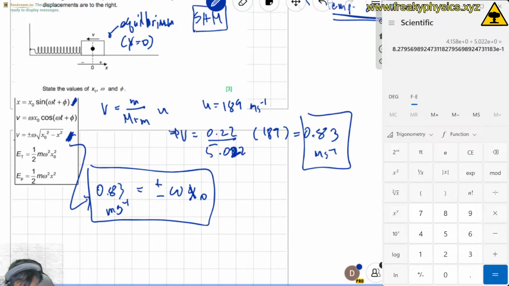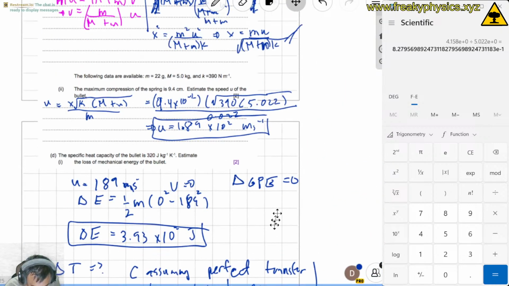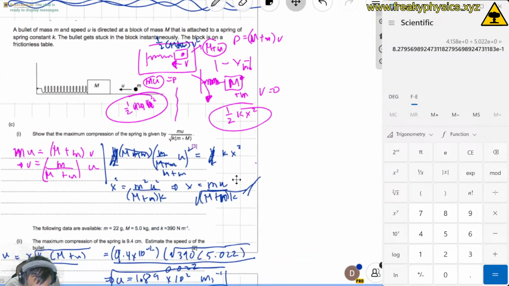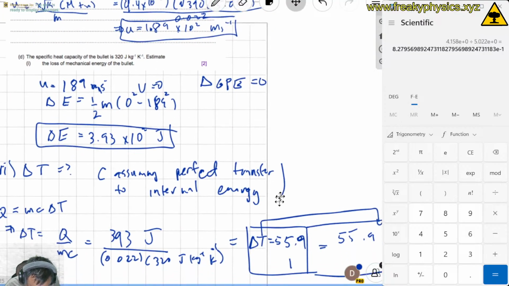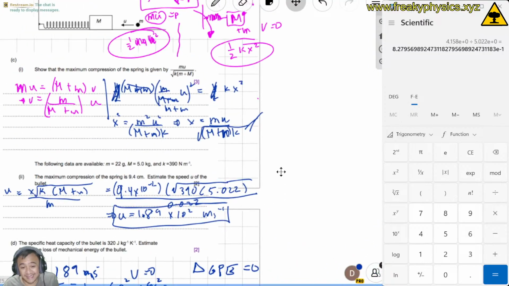We don't know quite yet what the actual omega is or what the actual x0 is, right? But actually, we know x0, because it's the maximum compression. But isn't x0 the amplitude? It is. Remember, the bullet hits the block and the block moves until it stops.